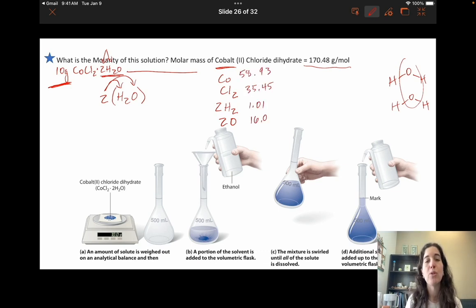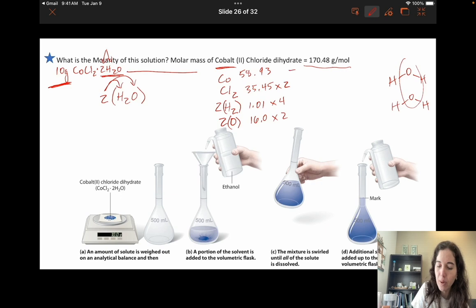Okay, so these are the numbers you should have from the periodic table for each of these elements. We need to be careful to make sure we multiply them properly based on how many we have. We've got 2 chlorines. We've got 4 hydrogens. Remember, this is a 2 times a 2, so times 4. We've got 2 oxygens, so times 2. All of these get added up together.